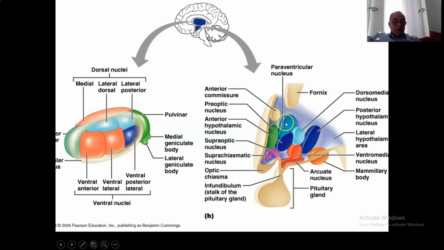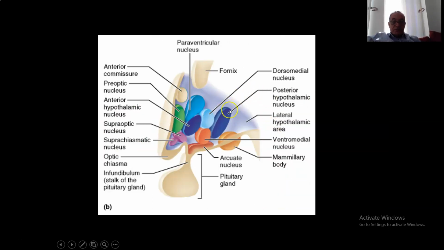This is the paraventricular nucleus, and this is the supraoptic and the paraventricular nucleus. Here we see the paraventricular nucleus and the supraoptic nucleus.